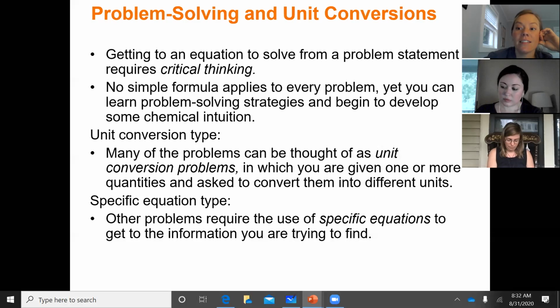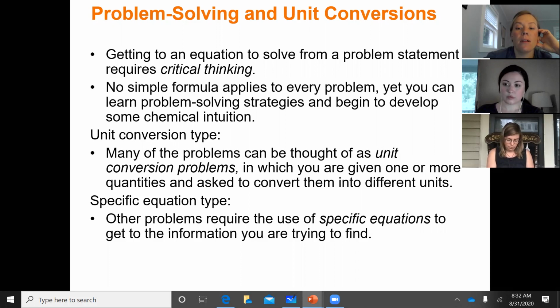Critical thinking is something you can develop, okay? It is the ability to not just replicate what an instructor is telling you, but with any problem the instructor throws at you, you can say, oh, I understand this concept. I know how to get at this problem from different angles.